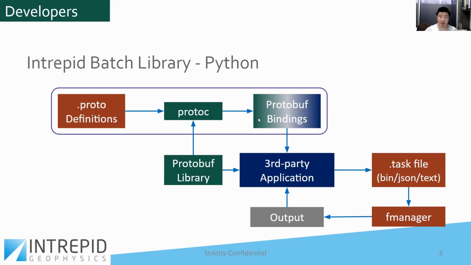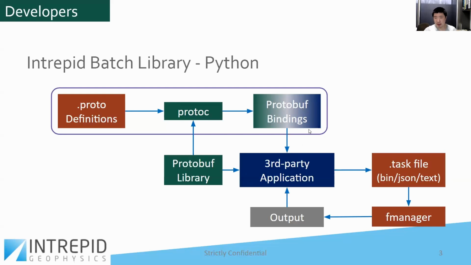Generally, the .proto definitions are part of our software, and we ship them as part of the SDK with the software package. Or you can find these .proto definitions on the internet. We created a project on GitHub, so anyone can download the .protos and generate their own language bindings.